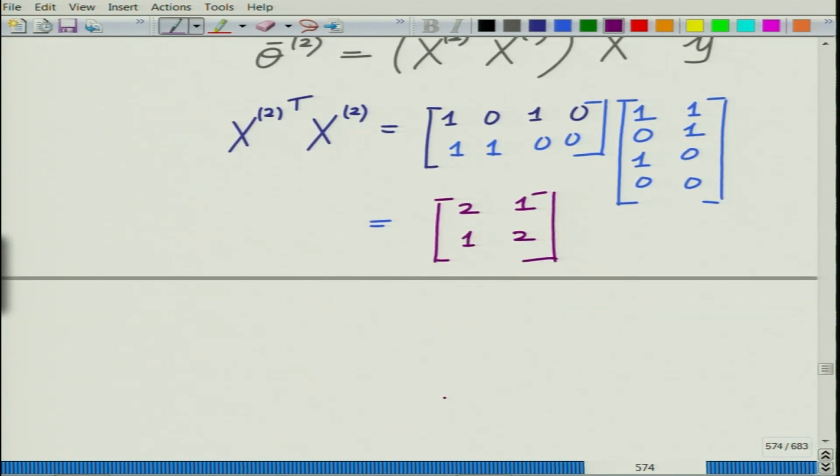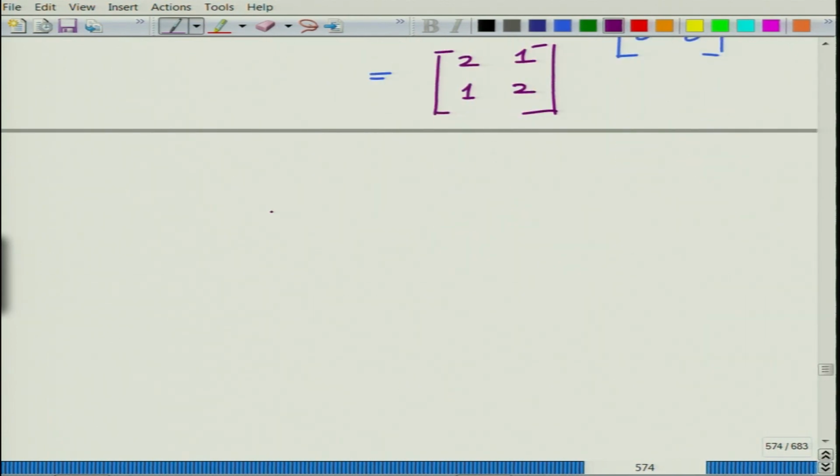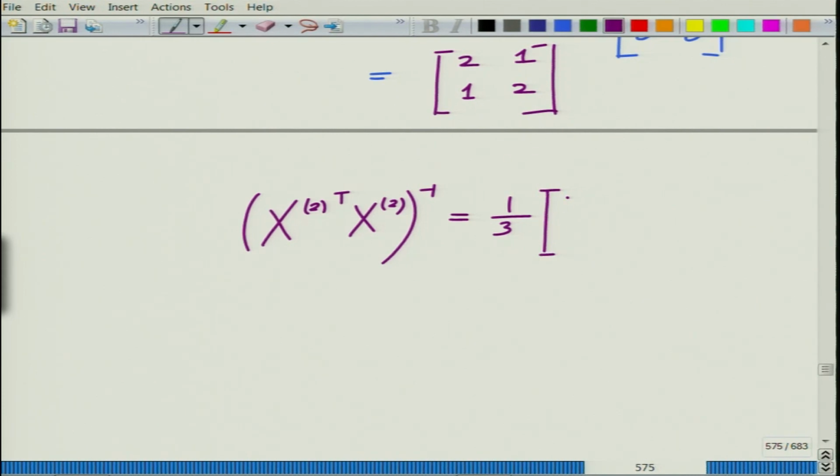And x2 transpose x2 inverse will therefore be one over the determinant, 1 over 3, times, you have to exchange the diagonal elements and take the negative of the off diagonal elements. This is the inverse.